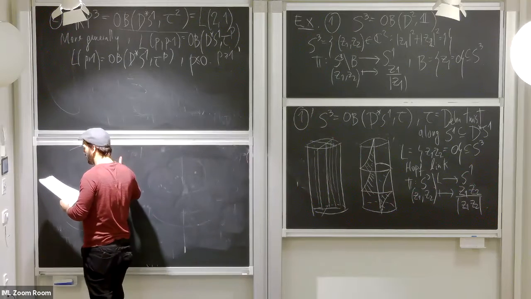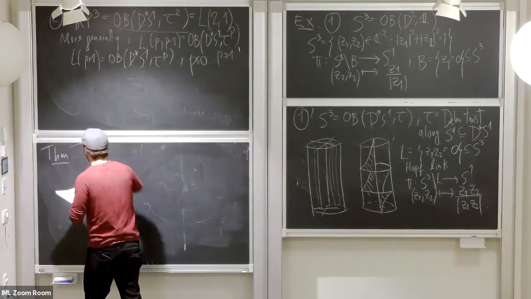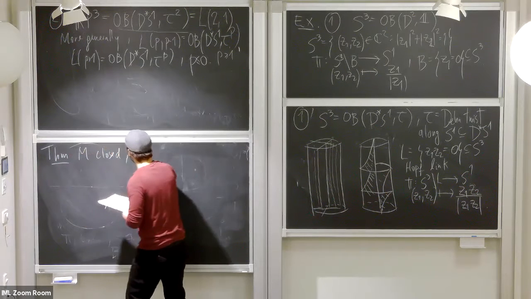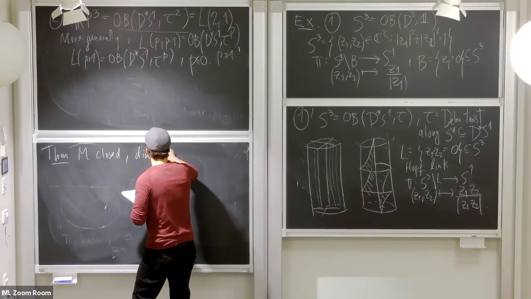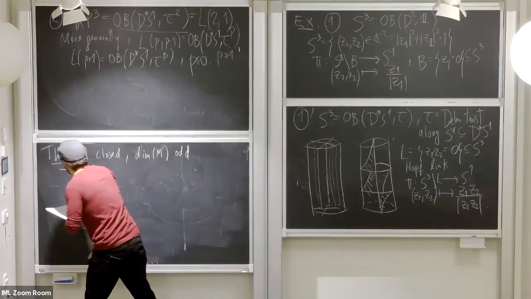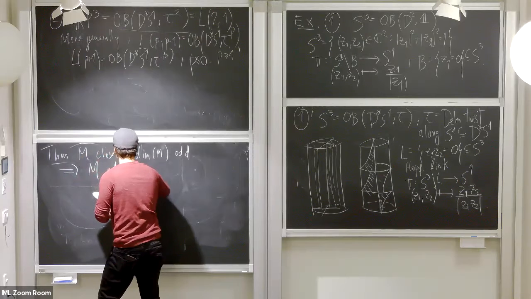So we have the following theorem, which says that if M is closed and its dimension is odd, three-manifolds for example, then M admits an open book.